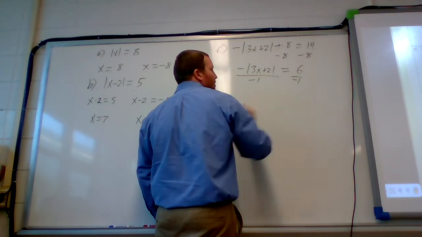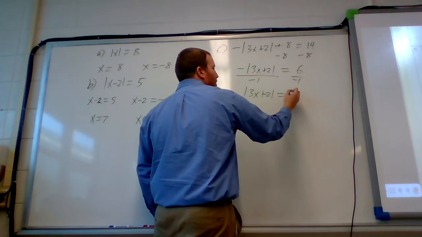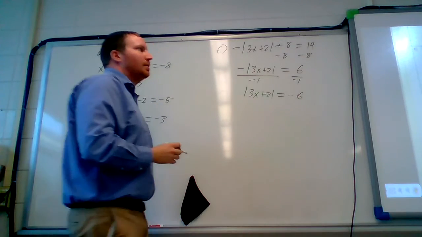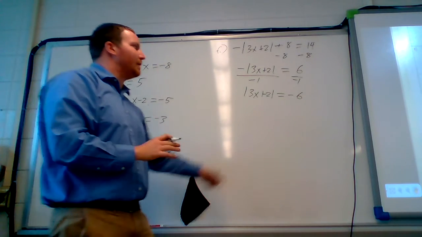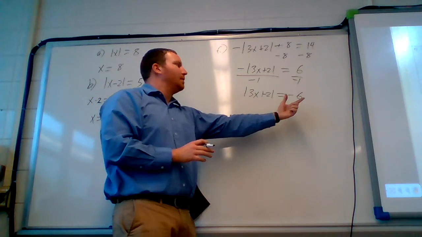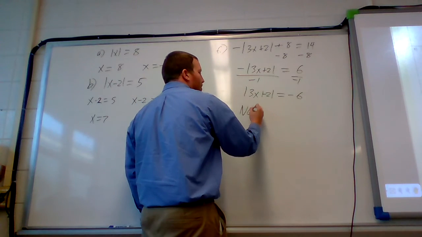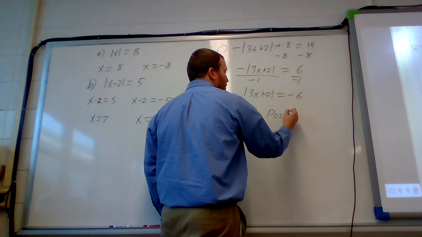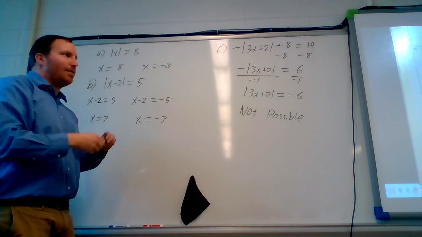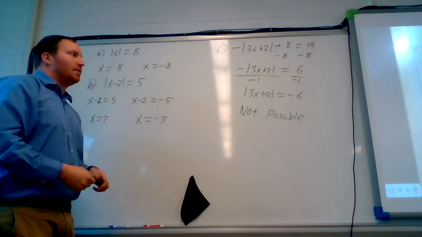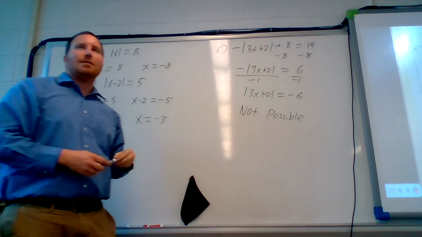So divide by negative 1, that gives us absolute value of 3x plus 2 is equal to negative 6. And at this point, we can stop, right? We've isolated our absolute value. It's equal to a negative number. There's nothing else we can do. This one is just not possible. Again, we cannot have a negative distance. If it were a positive 6 we could solve, but we can't have that negative distance.